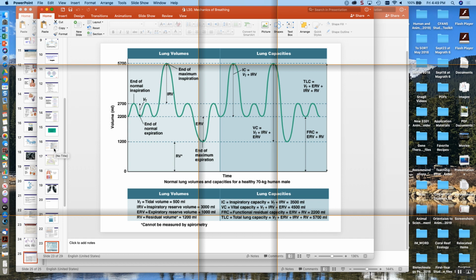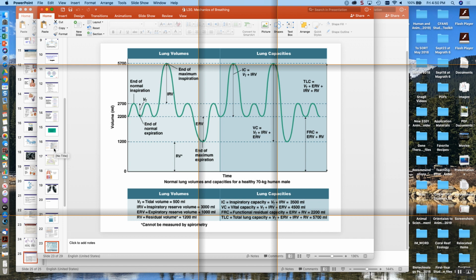That's the first one. The functional residual capacity is the expiratory reserve volume and the residual volume added together. So it's the air left in your lungs after a normal exhalation. Does that make sense?